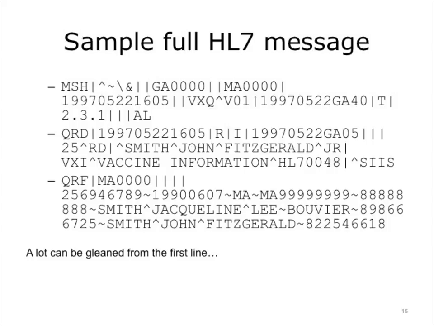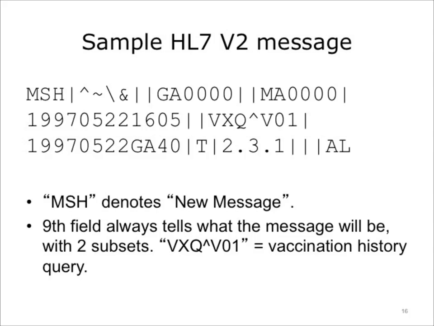So let's take a closer look at that on the next slide. In an HL7 version 2 message, every new message starts with the 3-letter acronym MSH, so we know this is the first line of a message. There are 14 pipes, which indicates 15 fields overall.